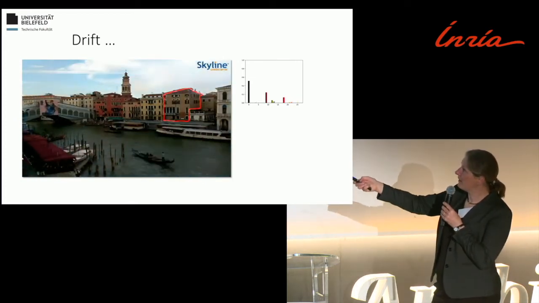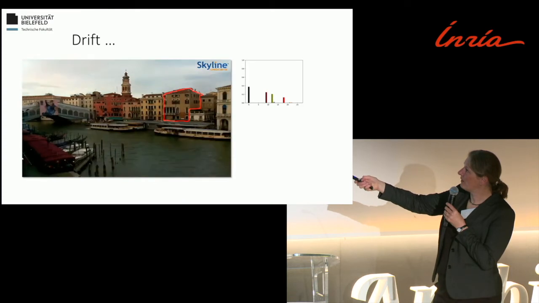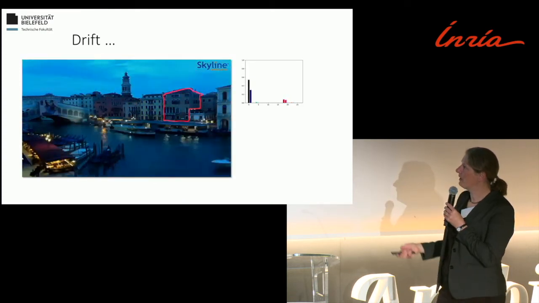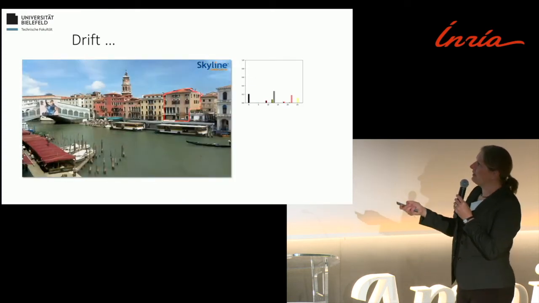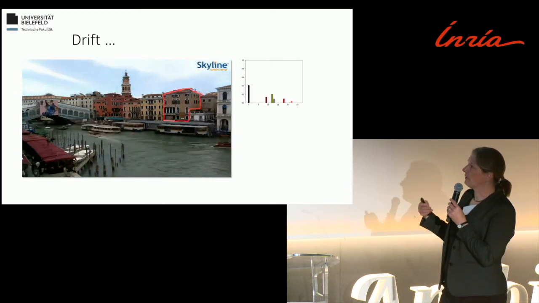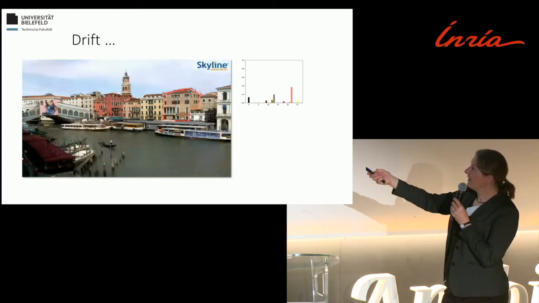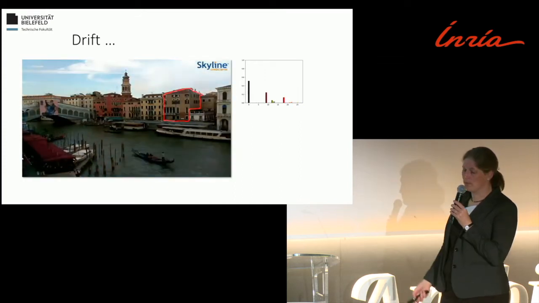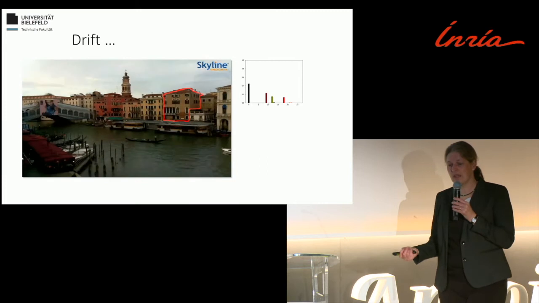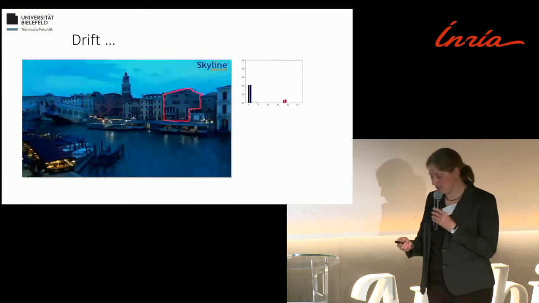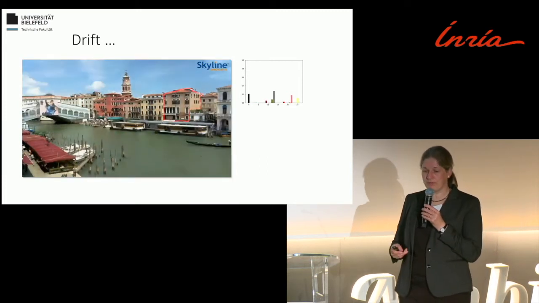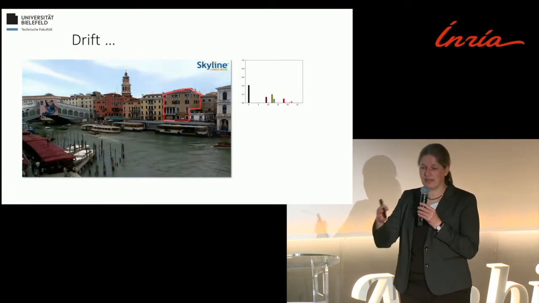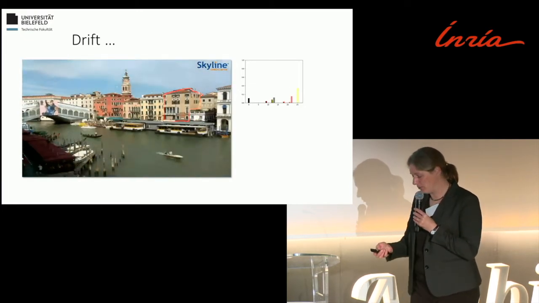So this would be, okay, I have this one, I could go here, which is another palazzo, another one. And you see very clearly that during the day, the color histogram changes a lot. So meaning this data point, which as a person you consider constant, is changing. It's a changing distribution. And this would be called drift, which might make a classifier trained at noon invalid if you use it at night.